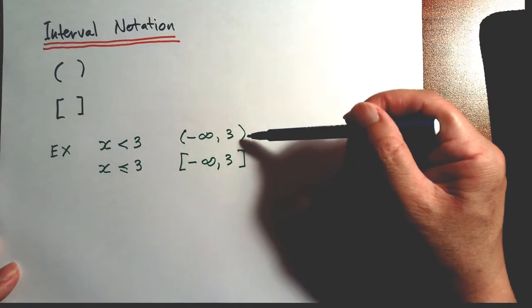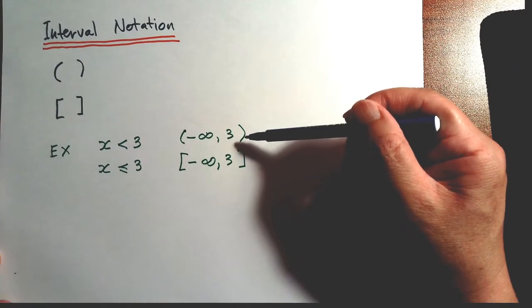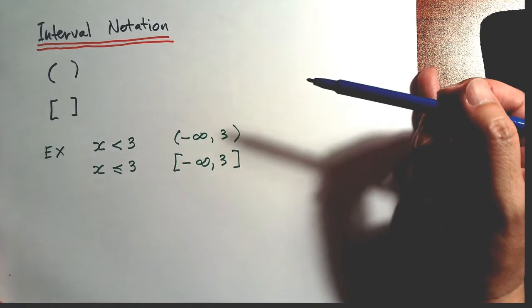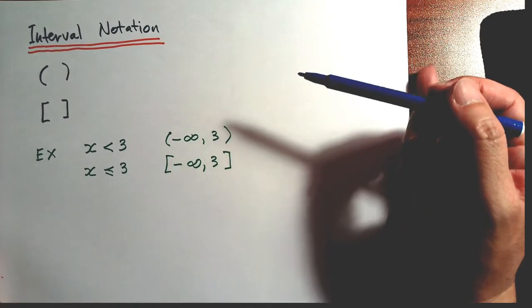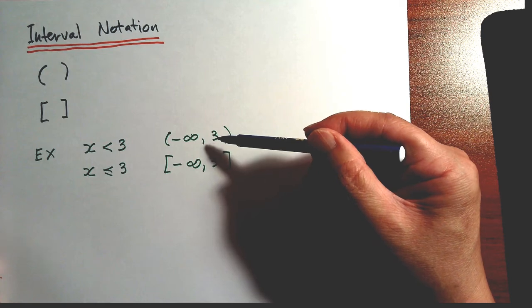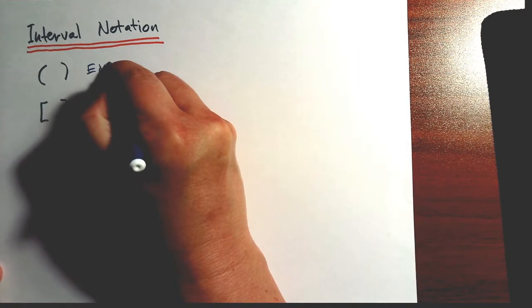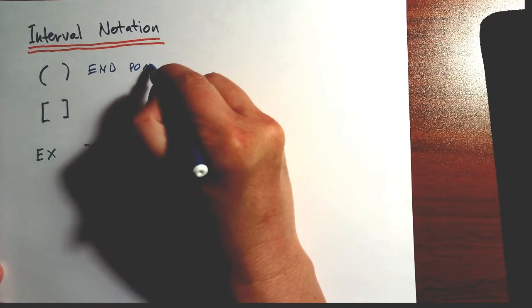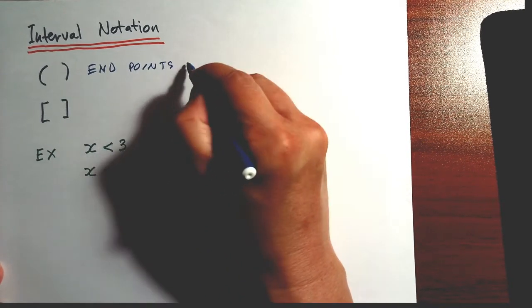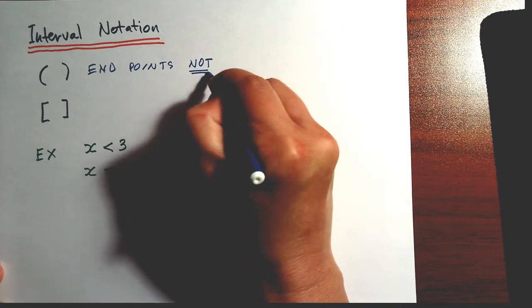So for the round brackets, it implies that x is not included. So I can write it as endpoint not included.